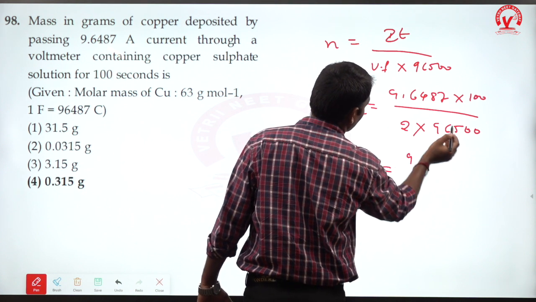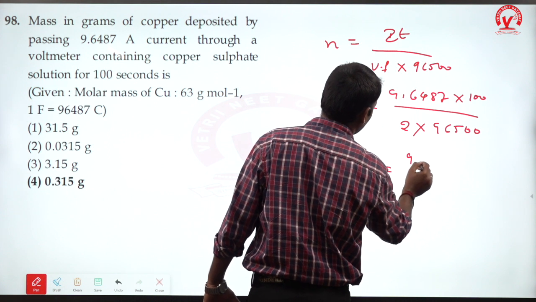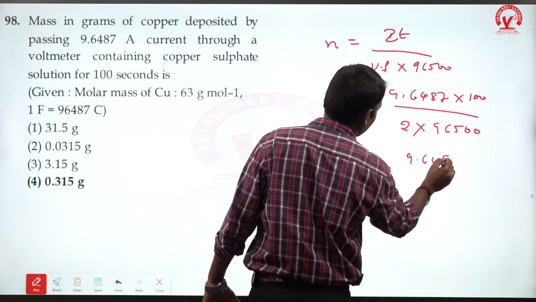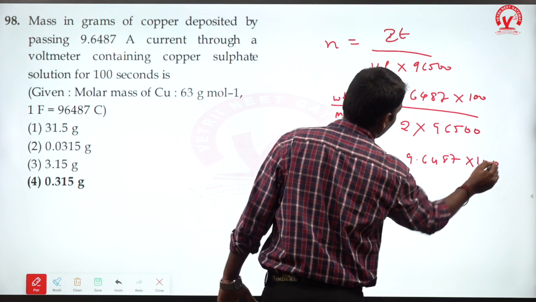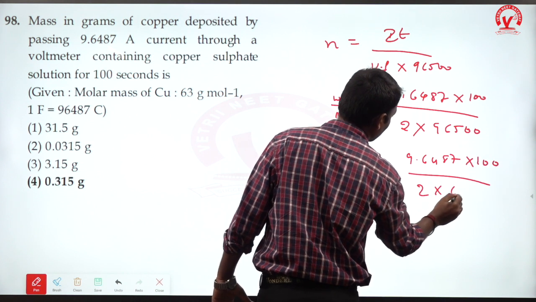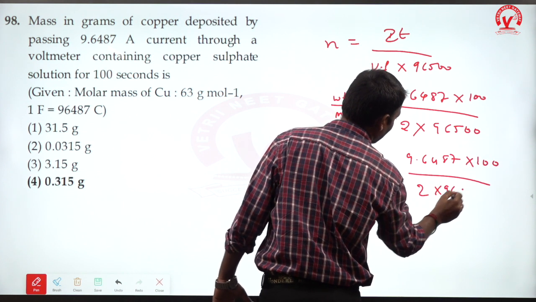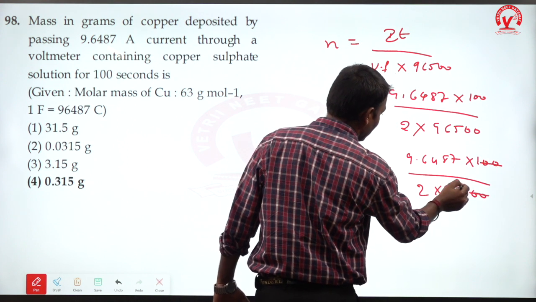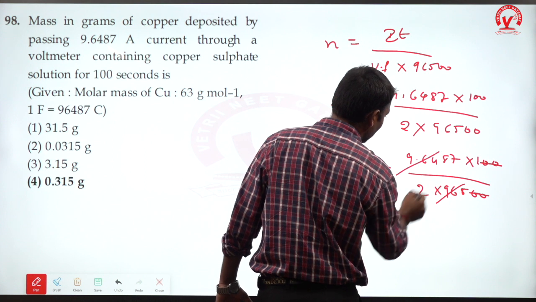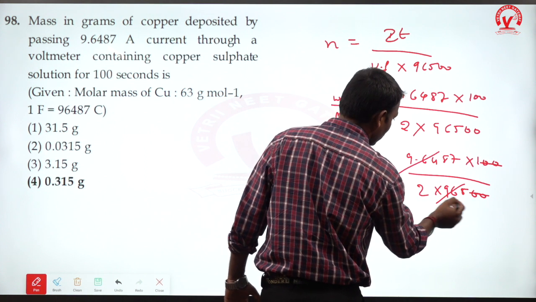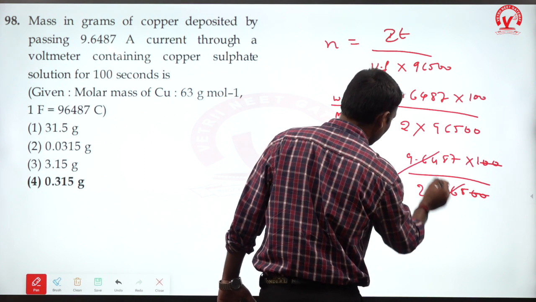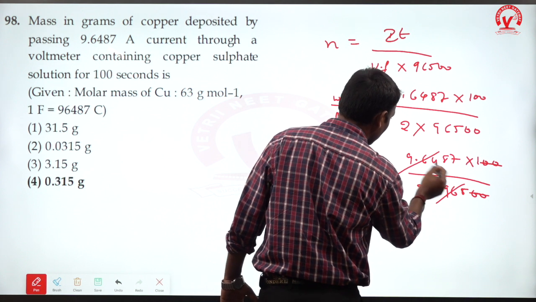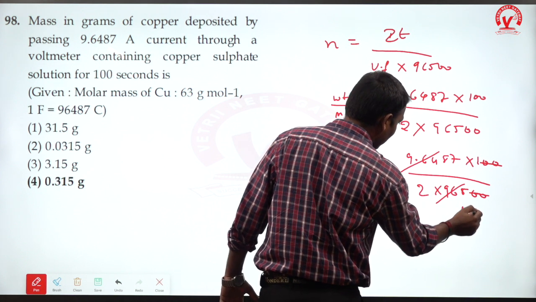So from here, weight divided by molecular weight 63, which is equal to 9.6487 into 100 divided by 2 into 96,500. So from here the 2 points get cancelled, and we can keep 100 here.